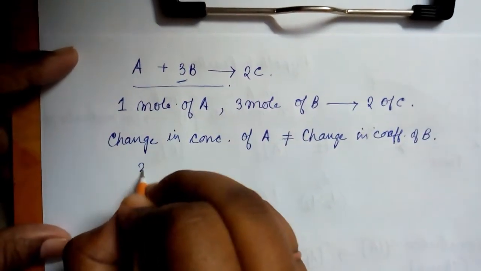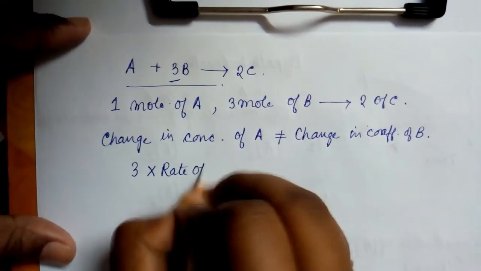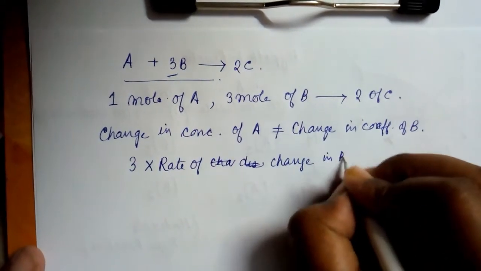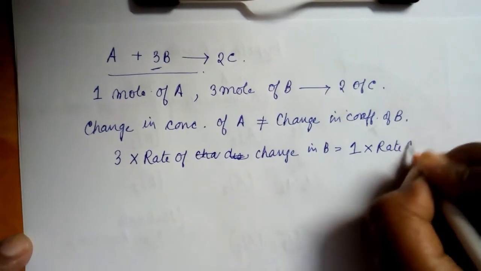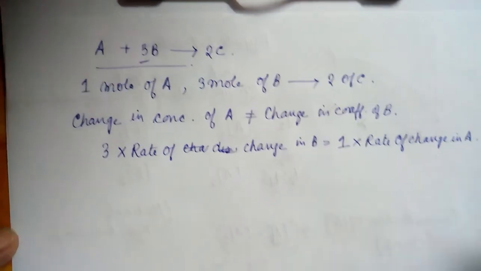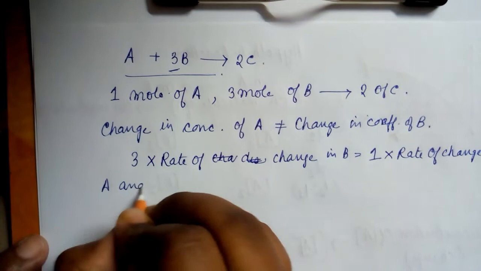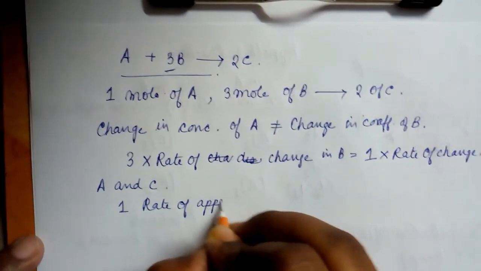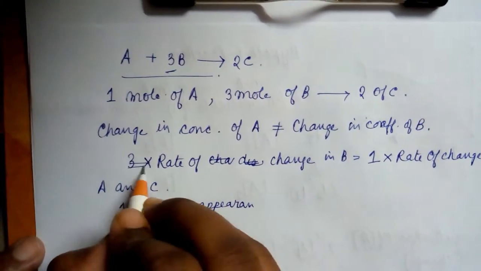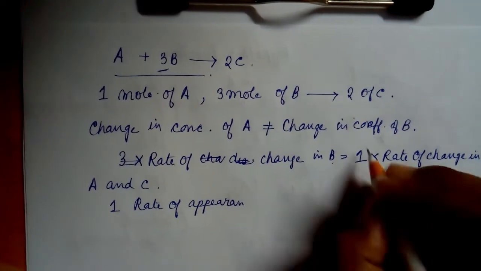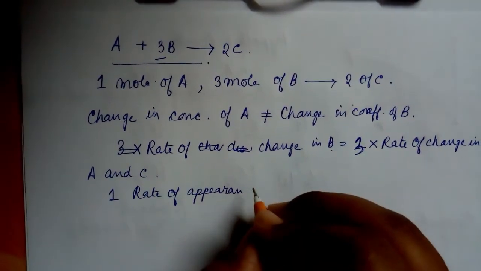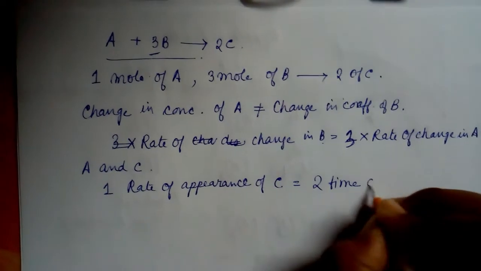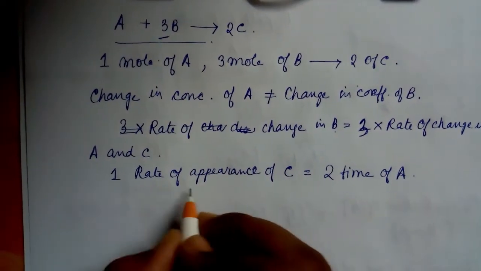So in this case we have to see it in this manner: 1 times the rate of change in B is equal to 3 times the rate of change in A. Again, the relation between A and C is: 1 times the rate of change of A is equal to 2 times the rate of change of C. So this is A in terms of C.